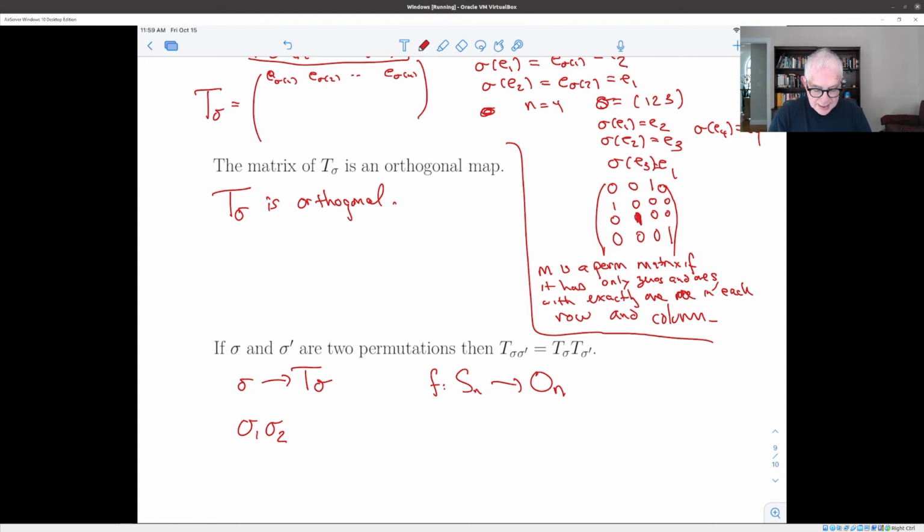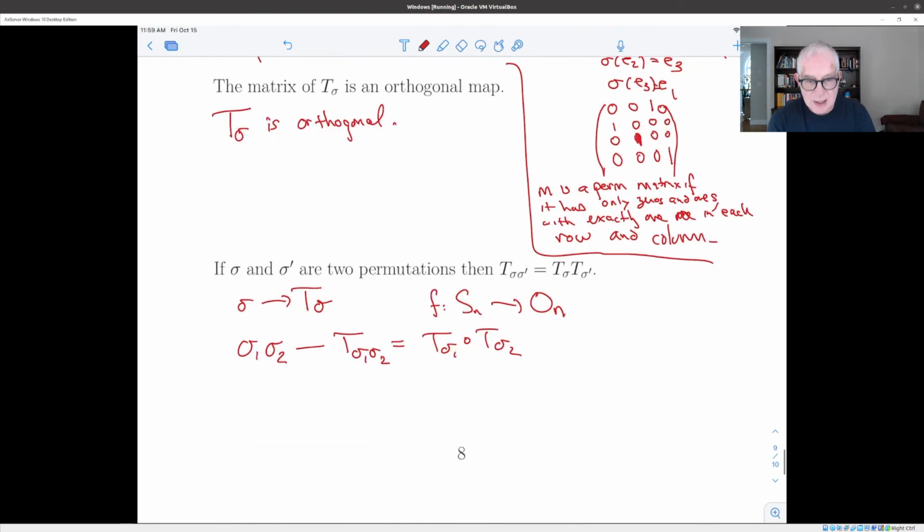And the composition corresponds to matrix multiplication. So T of sigma 1 sigma 2 is T sigma 1 composed with T sigma 2. And that's what it means to be a homomorphism.